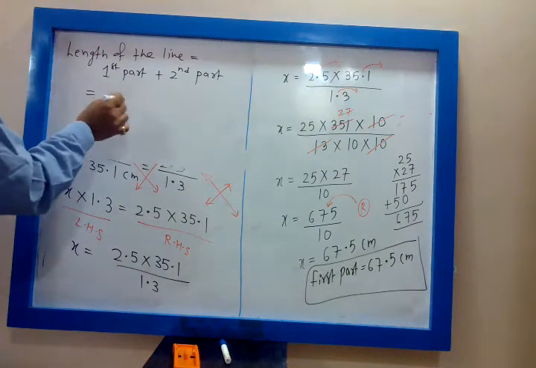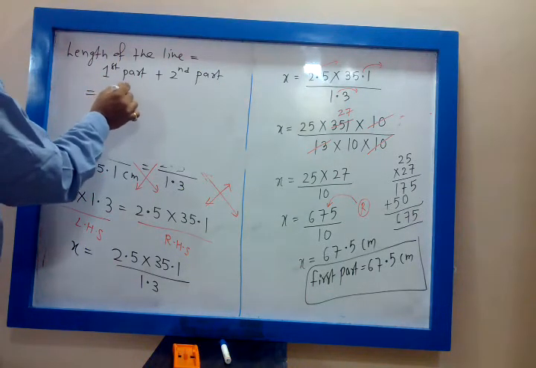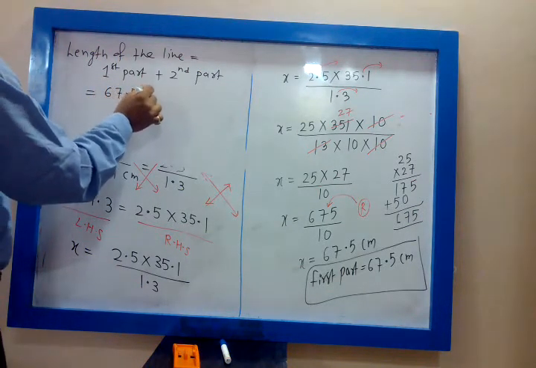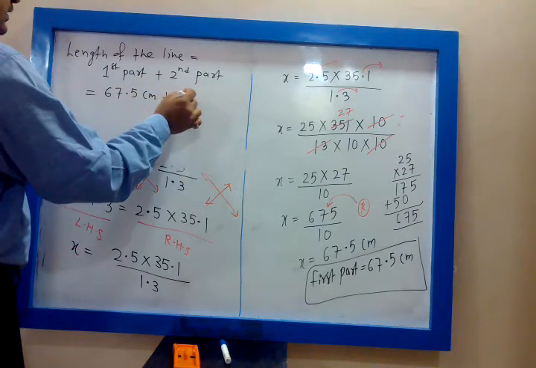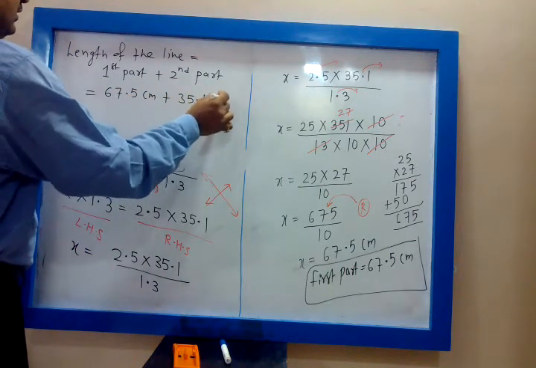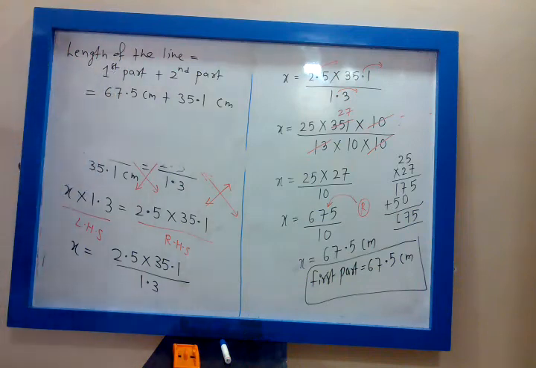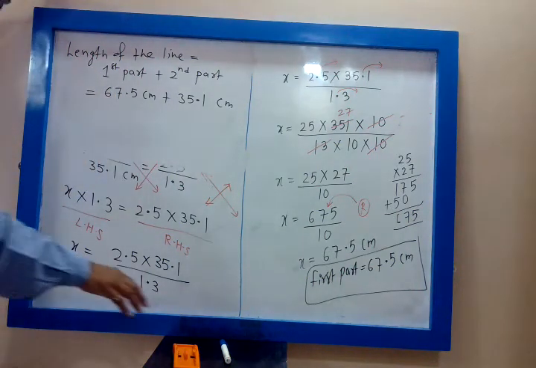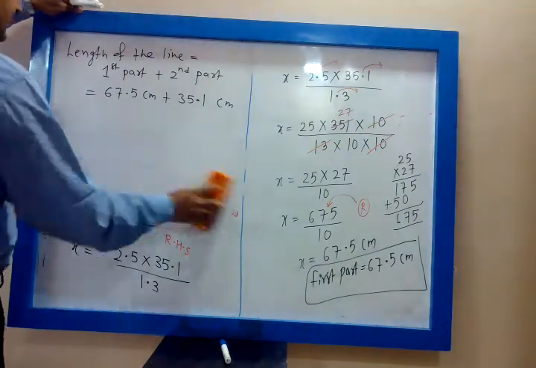First part we have found, 67.5 centimeter. Second part 35.1 centimeter. Tell me whether they are like decimals.